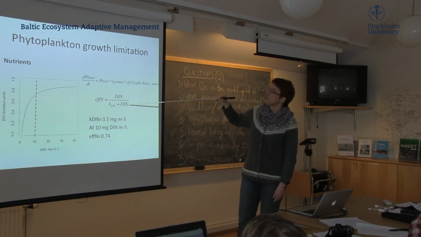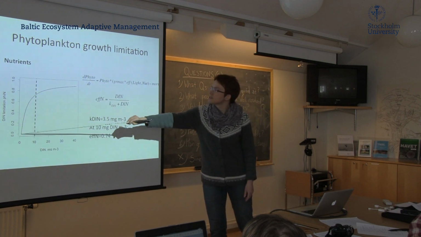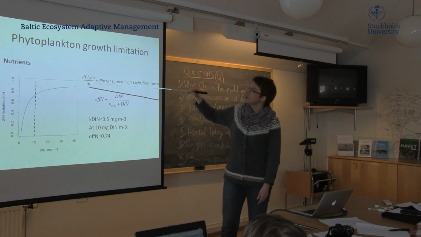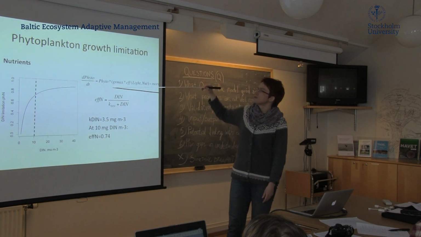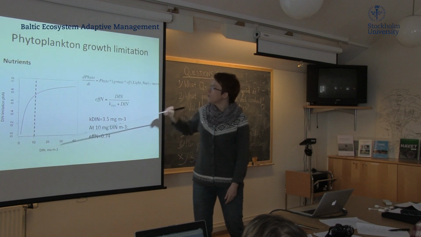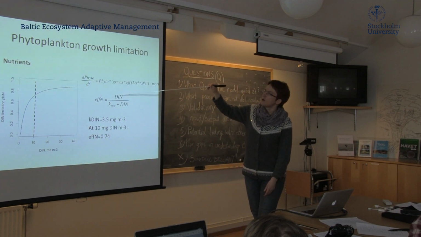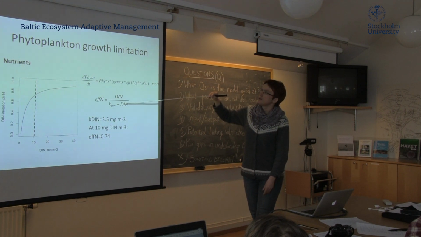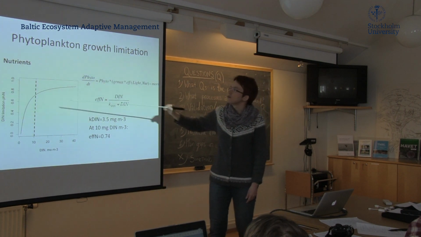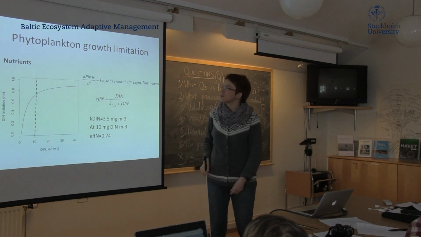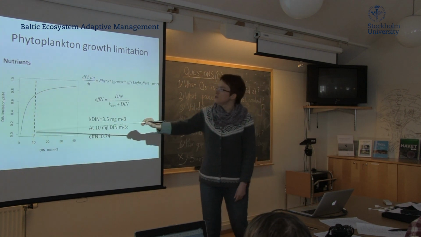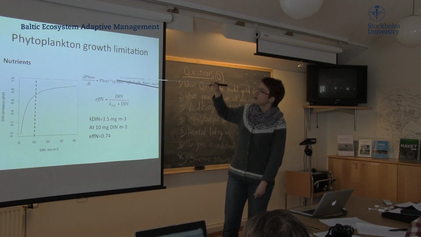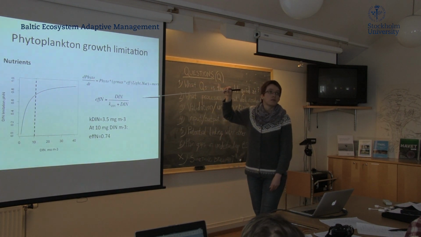And this type of function looks like this. So basically, it approaches 1 if the nutrient concentrations are very high, and it's 0 if the nutrient concentrations are 0, and it's 0.5 if the nutrient concentration is the same as the half saturation concentration here. So basically, for any nutrient concentration that you have, you can calculate this factor, and you can calculate your growth rate.